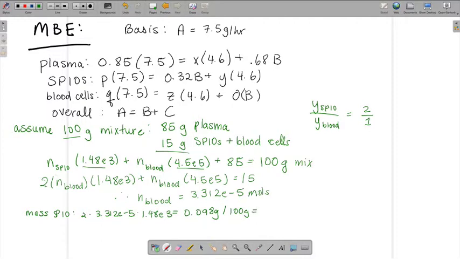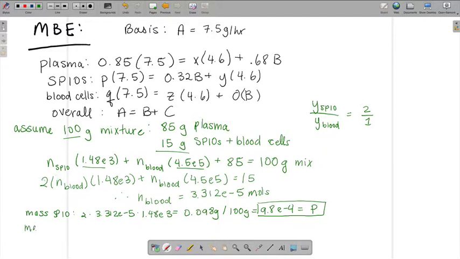And now if you divide this by the total number of grams, which is 100 grams, you will get 9.8 e negative 4, which is equal to our mass fraction, which is P.